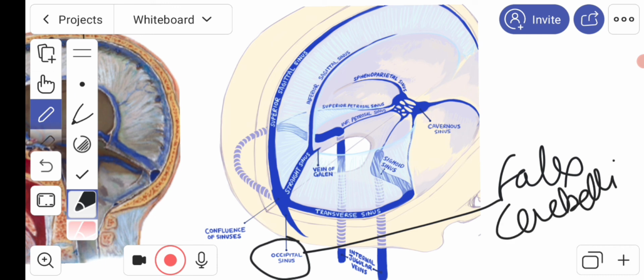It begins as a small radicle near the margin of the foramen magnum. From here it starts from below and drains upward. It terminates in the confluence of the sinuses. This is the confluence of the sinuses, which is the dilated part of the superior sagittal sinus.